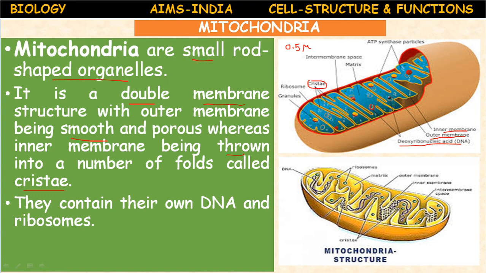That's why they are semi-autonomous. They can produce by themselves. They can divide by themselves. So here, DNA is present, children. These mitochondria are double membrane structured organelles.